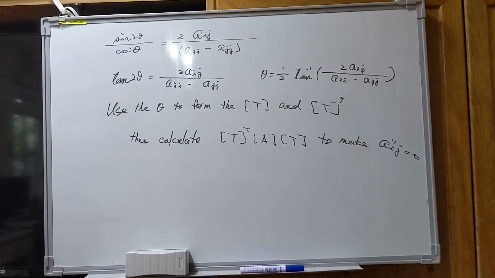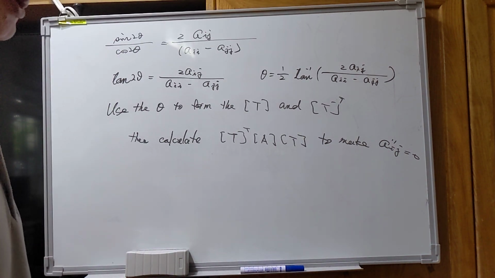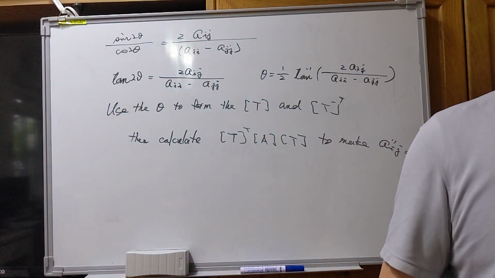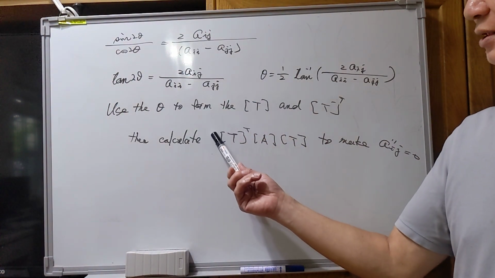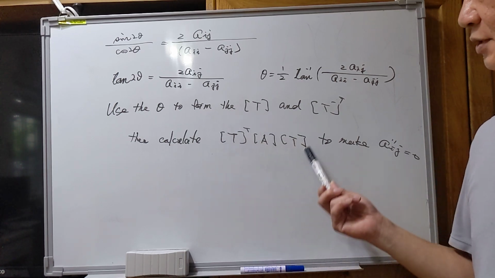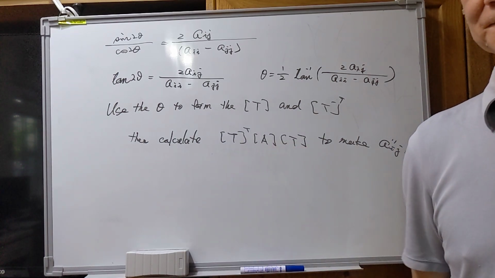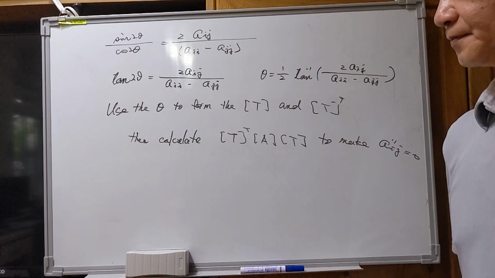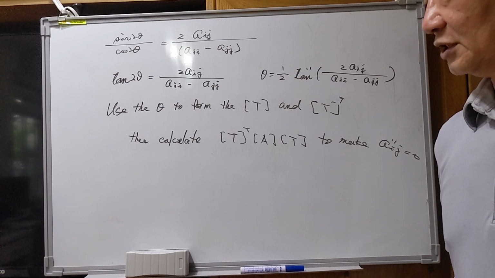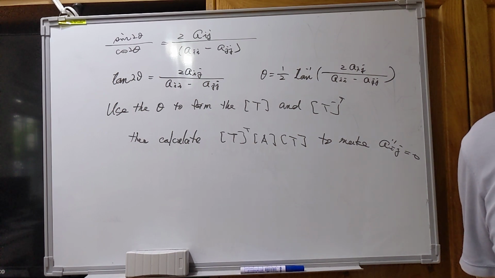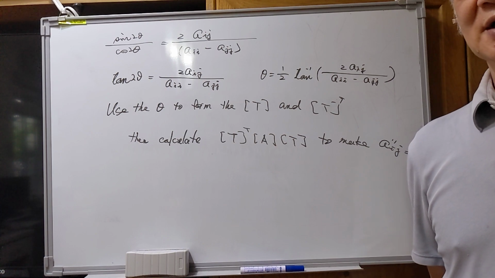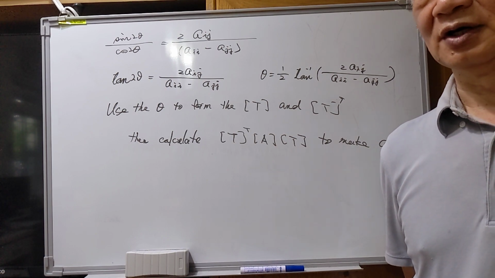Okay, but it is only the first step of the Jacobi method. Since for this matrix, right now the original maximum absolute off-diagonal element has become 0.